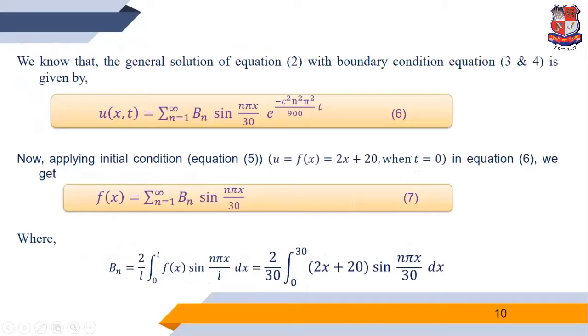Now we know that the general solution of equation 2 with boundary conditions 3 and 4 is given by u(x,t) is equal to the summation n is 1 to infinity b_n sin(nπx/L), but L we consider 30, e raised to minus c² n² π² by L², L² is 900, into t.